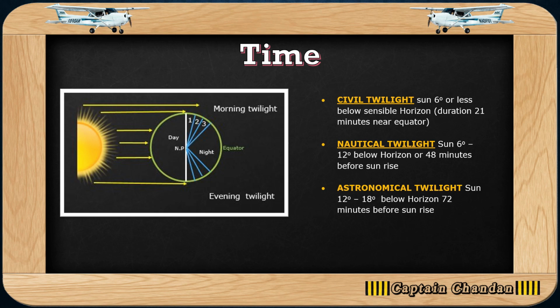Astronomical twilight: sun is 12 degrees to 18 degrees below the horizon, 72 minutes before sunrise. That comes under section 3. So remember that one. In the early morning it is civil twilight, where the civil people wake up, and nautical twilight, where the seamen wake up. Astronomical, where the astronomical people wake up at that time. So remember 3 terms.